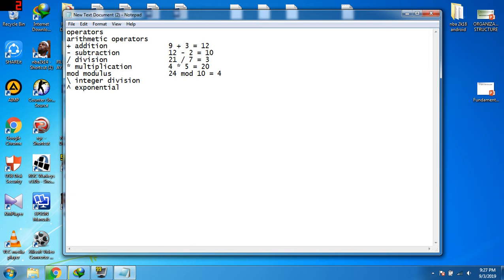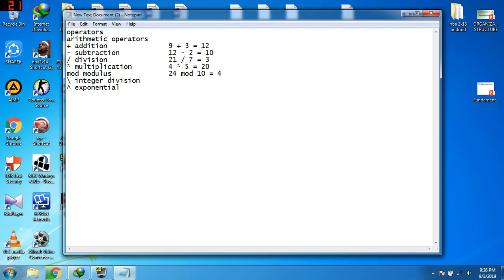Why? Because 24 divided by 10, that is 2.4, or that is 2 remainder 4. So in the modulus term, we only count the remainder, so we disregard the whole number, but we care about those in the remainder or yung sobra. So yun yung kinakount natin, so disregard natin yung whole number.